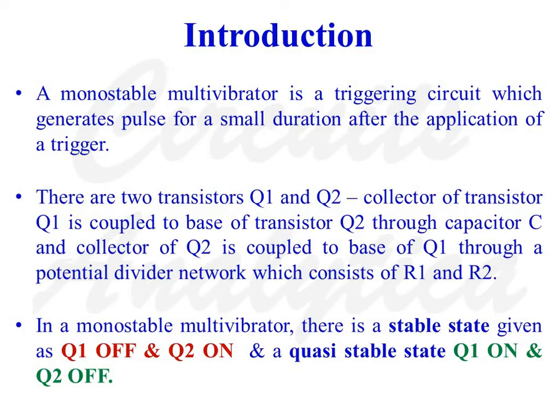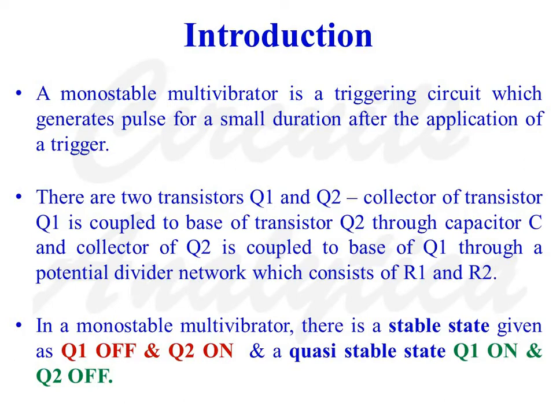There are two transistors Q1 and Q2. Collector of transistor Q1 is coupled to the base of transistor Q2 through capacitor C, and collector of transistor Q2 is coupled to the base of transistor Q1 through a potential divider network which consists of resistors R1 and R2.